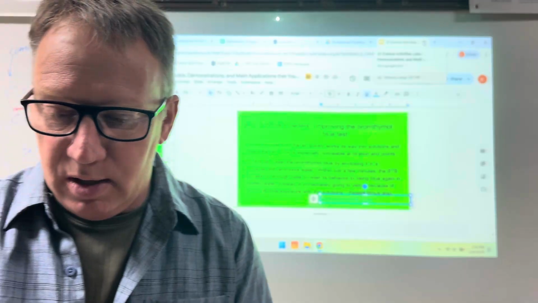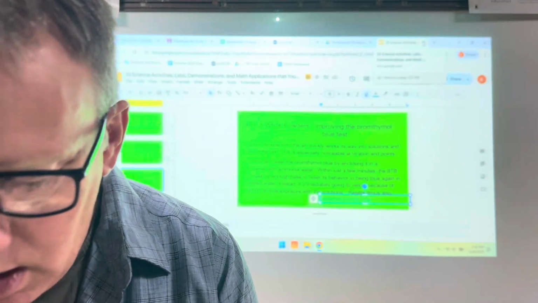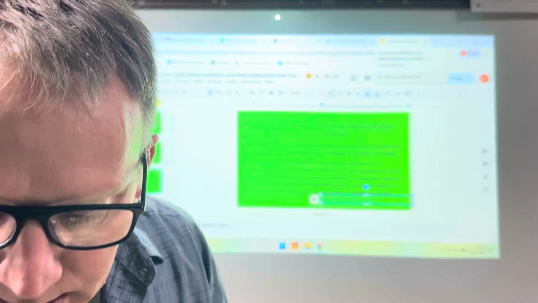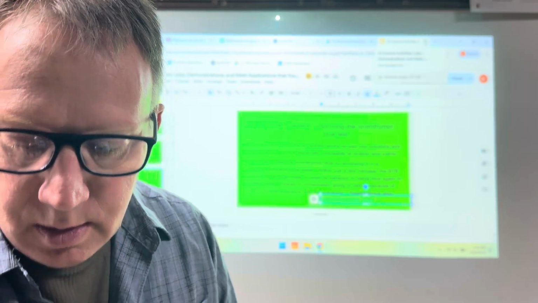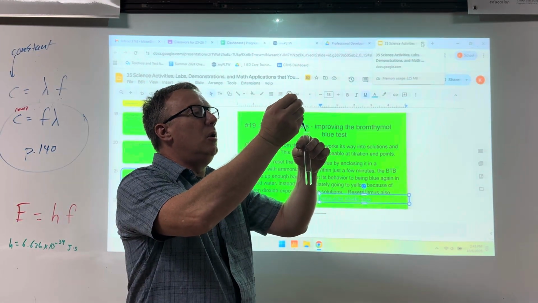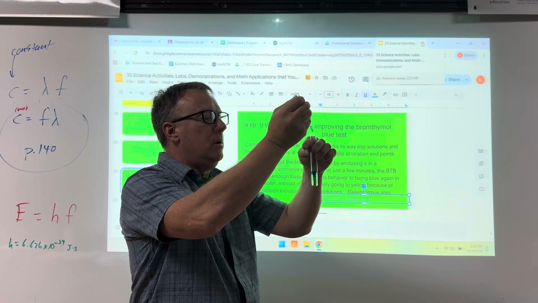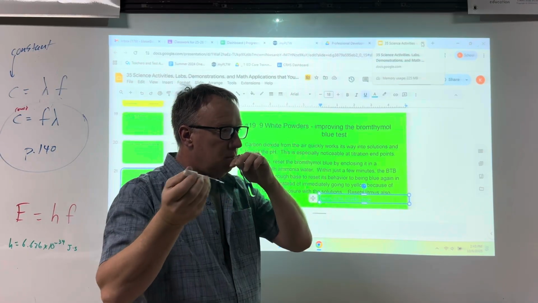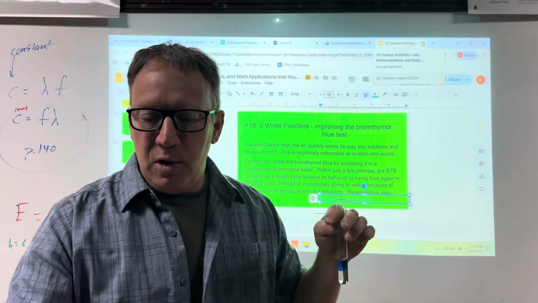But the problem I was having in the lab was I would put my bromethymol blue in here. Yeah, blue this is now. It's like cobalt blue almost. And I can still smell the ammonia with that.